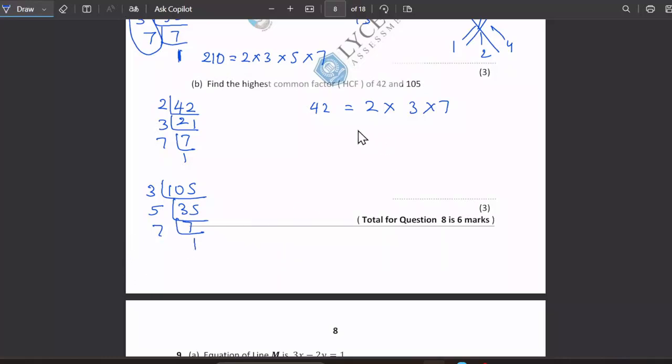Okay. Now we have 105 as 3, 5, 7. Now we can find common factors from here. 3 is common, and again 7 is common. So HCF is 21. Okay.